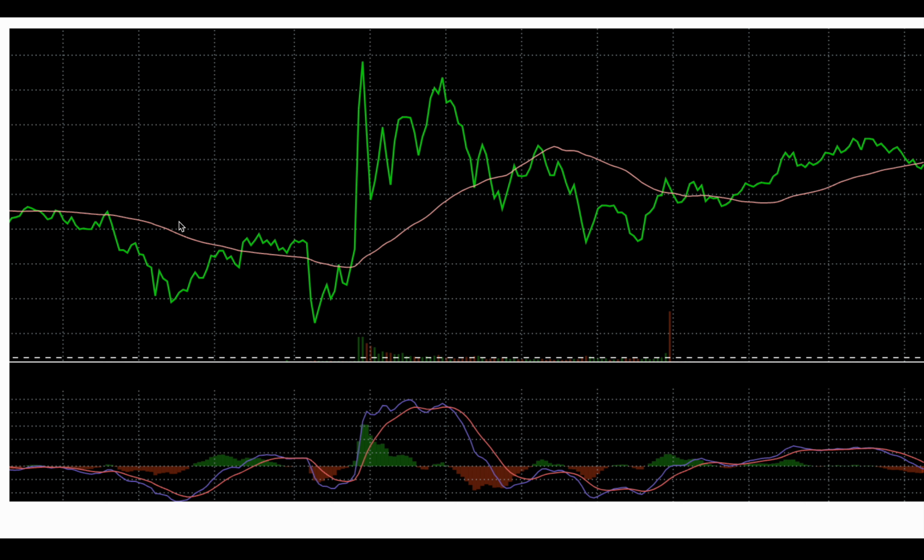But if it's outside this range and it's over here, when I say I'm going to invest $100 this week, I invest $200. So then, it stays in the range, and you could also have a multiplier on this.